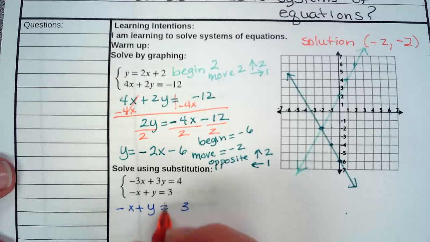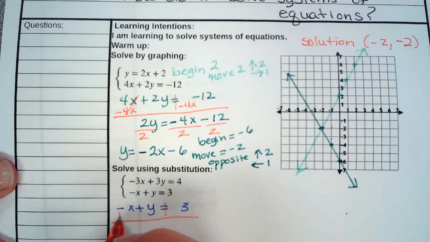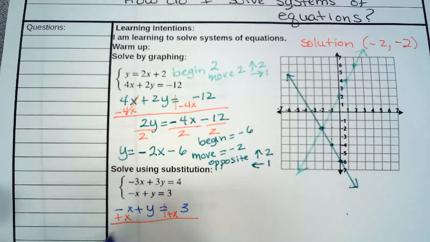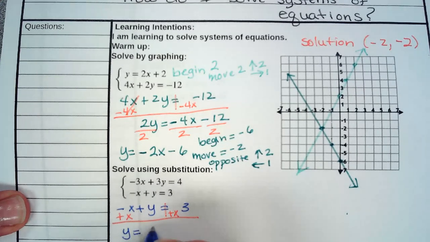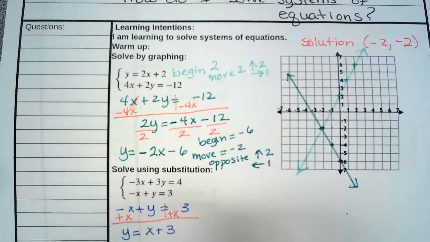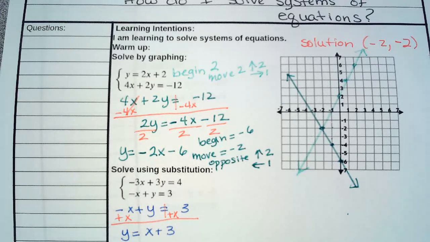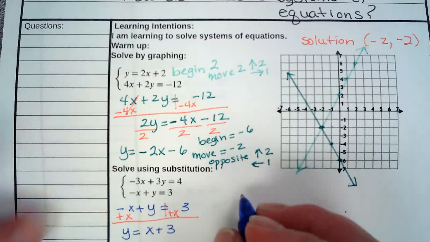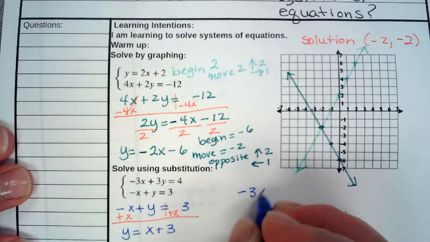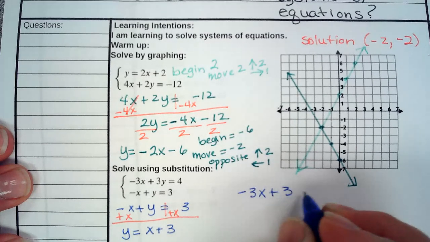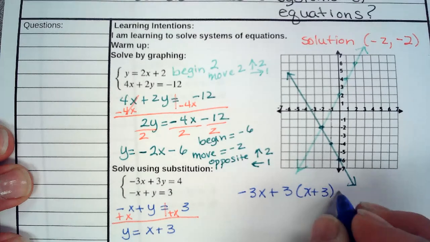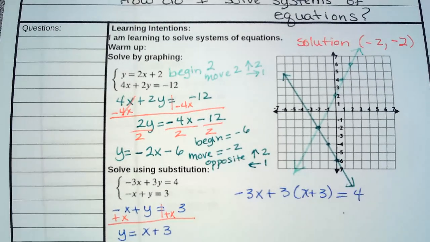So I am going to add x to both sides. y is equal to x plus 3. Now I can substitute in and solve. I have to use that first equation, negative 3x plus 3 times x plus 3 is equal to 4.